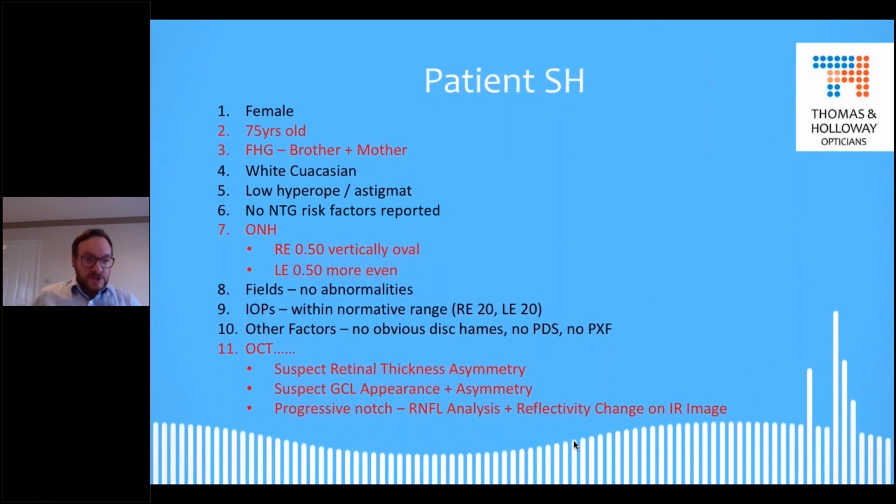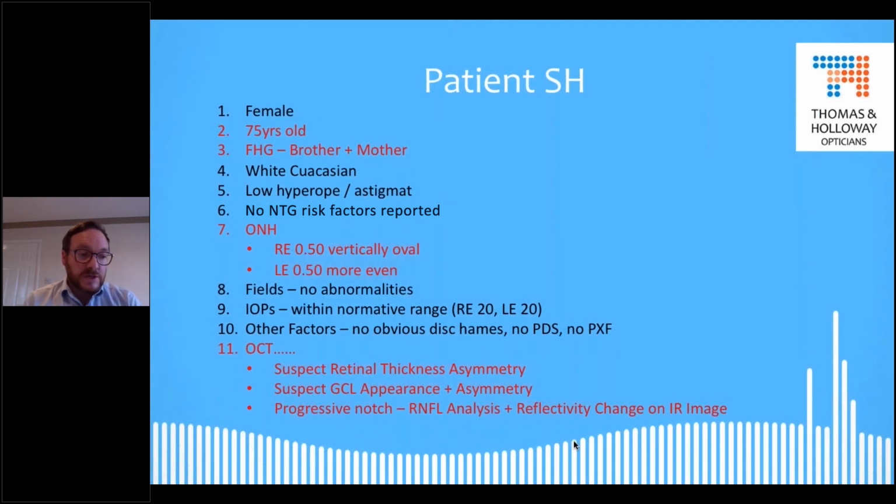But what the OCT has done here is it's confirmed that we've definitely got suspect retinal thickness asymmetry. We've also got suspect ganglion cell layer appearance and asymmetry between the two eyes. But most importantly, we've got evidence of progression. We've got evidence of a progressive notch in that temporal inferior segment within the left eye.